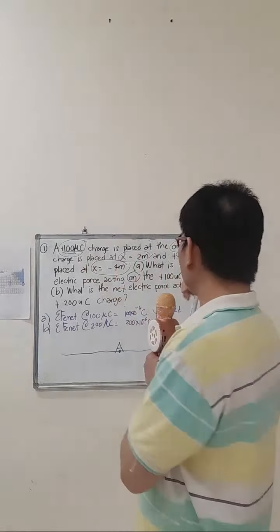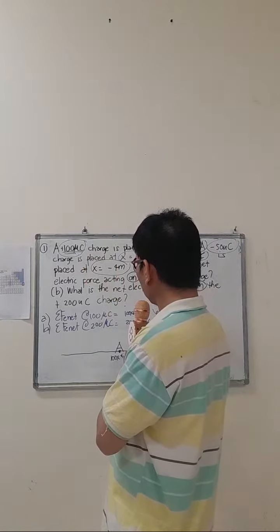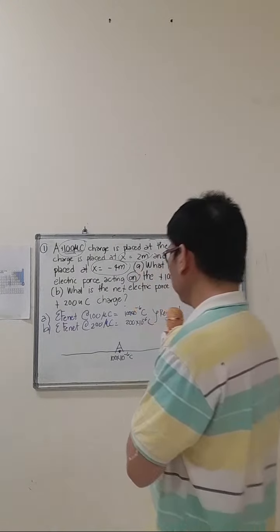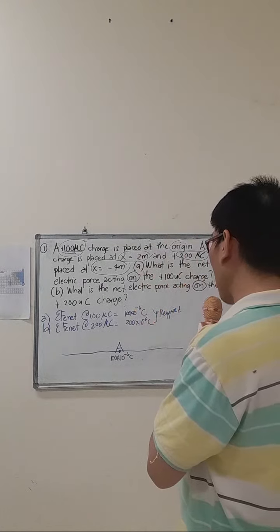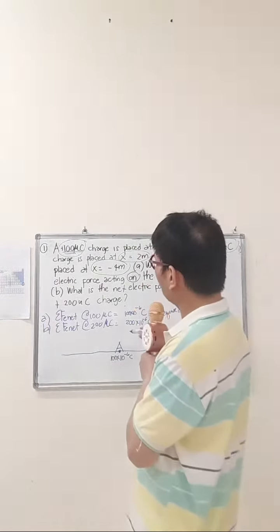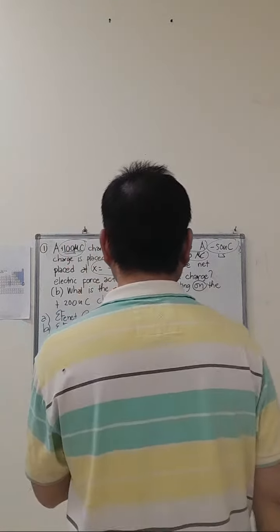This is going to be 100 times 10 to the negative 6 coulomb. And let's say this is going to be 0.2 because it's in the center, right? Now, what's the other one?